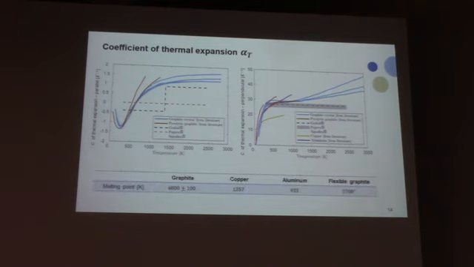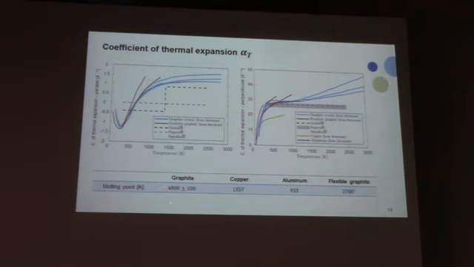Let's see shortly the melting point of these materials. For example, graphite actually doesn't melt at atmospheric pressure, but it vaporizes at 4,800 Kelvin.